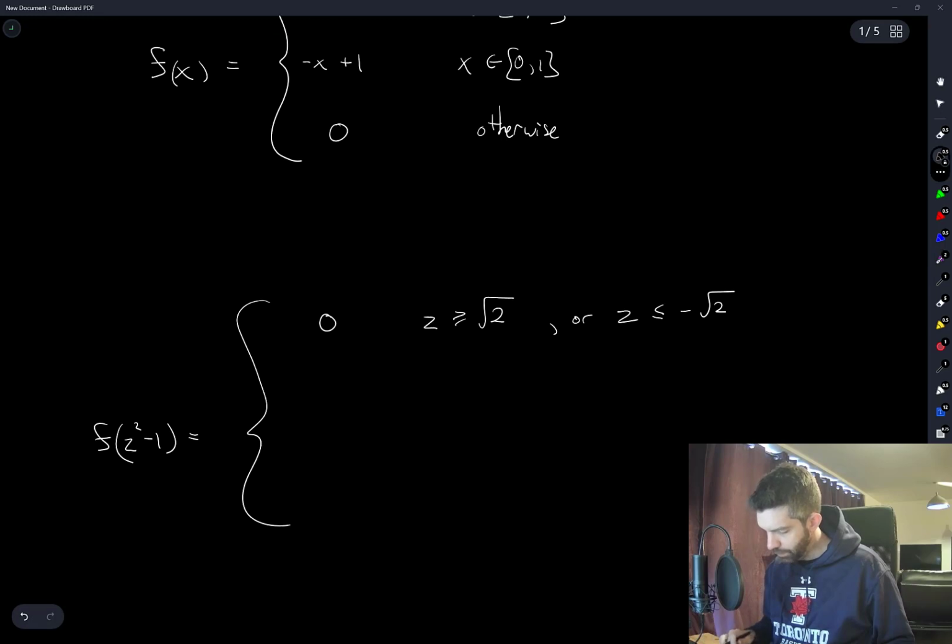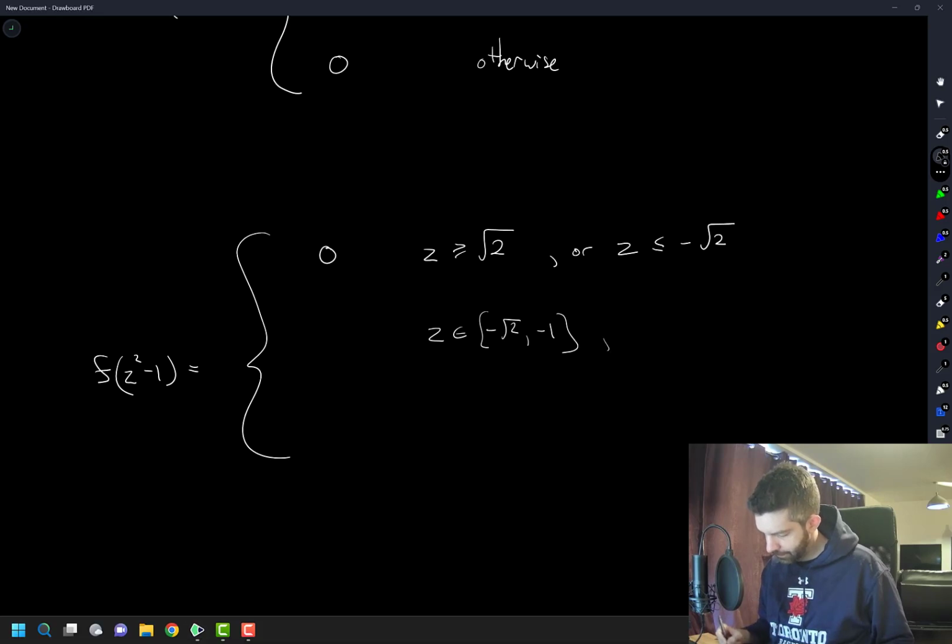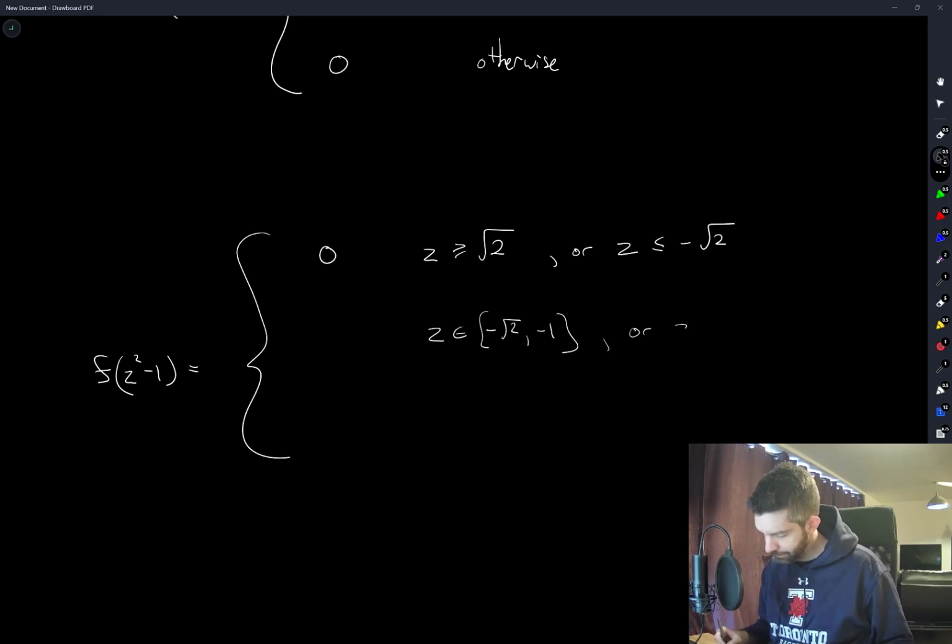It's going to be a little bit weird because if z is between negative root 2 and negative 1, we're going to have one behavior. It'll be a similar behavior if z is between 1 and root 2. And it'll have a third behavior if z is between negative 1 and 1.